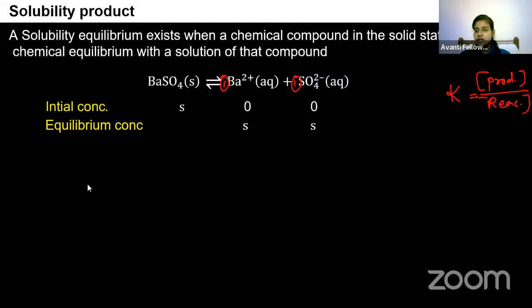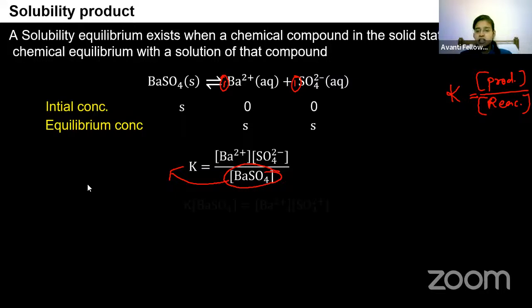Using the same concept, K is equal to the Ba2+ and SO4 2- concentration divided by the BaSO4 concentration. Now take this BaSO4 to the other side. We will have K into the concentration of BaSO4.